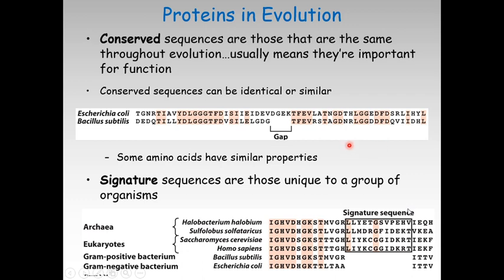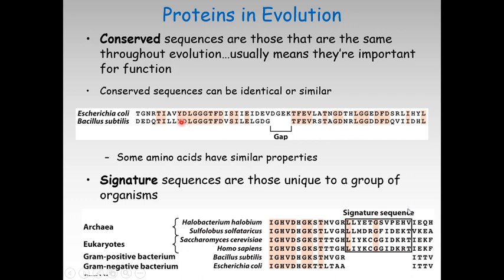Now, let's look at an example between E. coli, which is a gram-negative bacterium, and B. subtilis, which is a gram-positive bacterium. The sequence shown here is for a protein named HSP70. All those residues that are shaded in the sequence alignment are identical, as you can see: T, T, I, Y, Y, D, D, and so on. Some of the residues that are not shaded are similar.